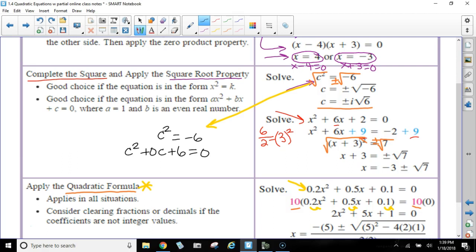I could use the quadratic formula where a is 1, for b I'd be putting in a 0, and for c I would be putting in a 6. But you're still going to end up with the same solutions you have right here, but it's going to be a lot longer. So use a little bit of strategy and planning when determining what type of method to use.